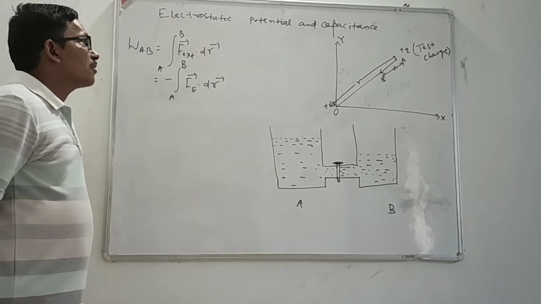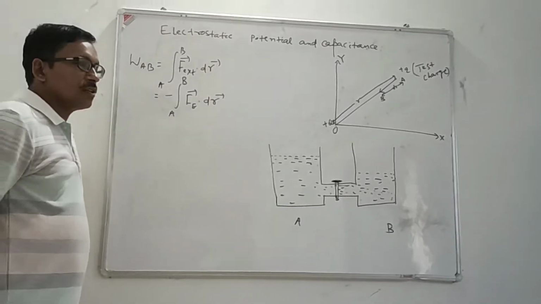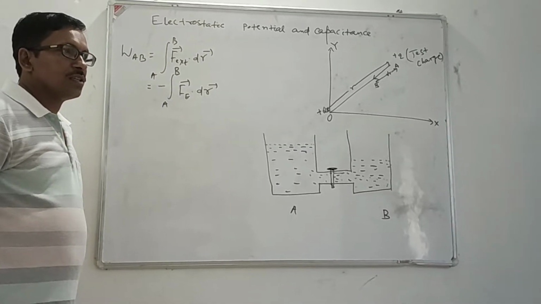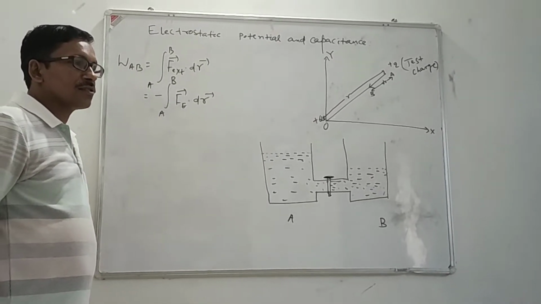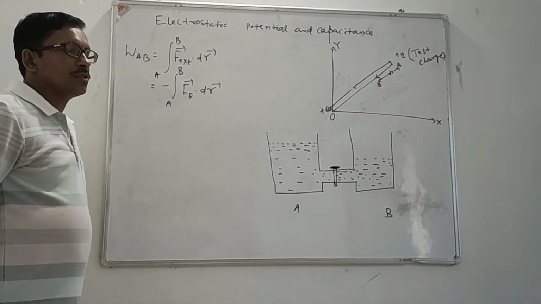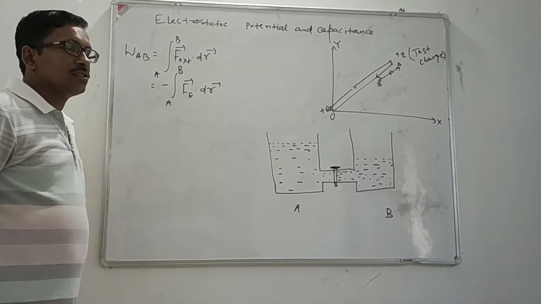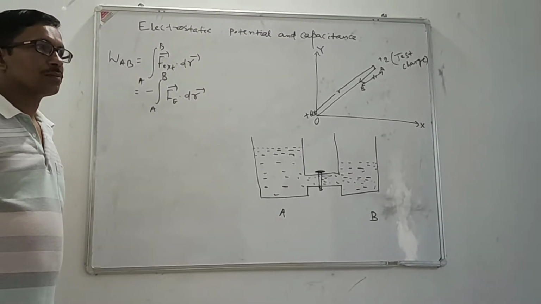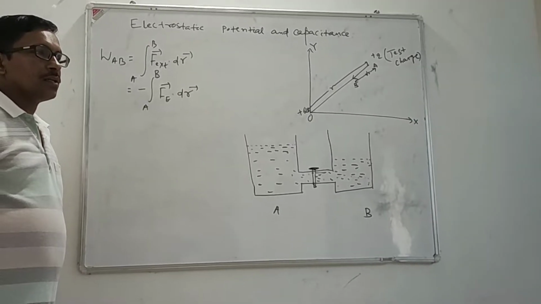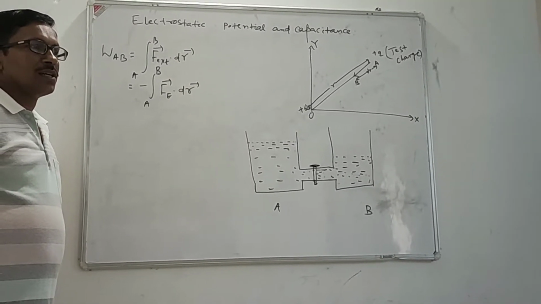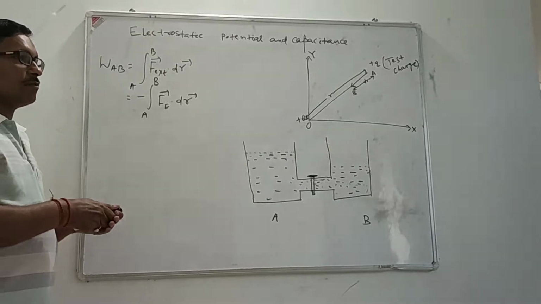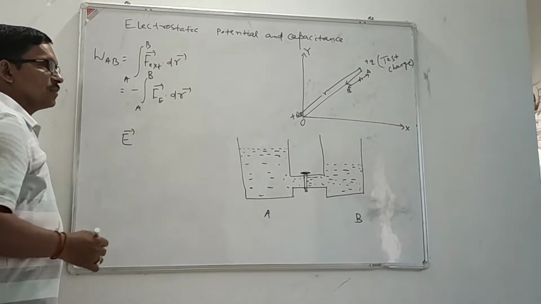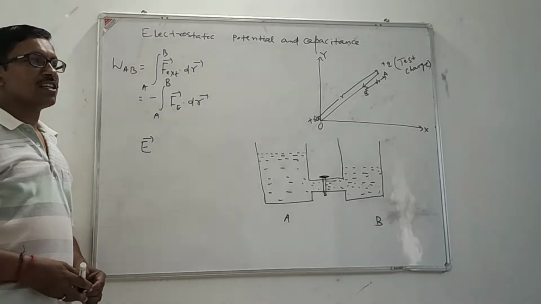Today we will start our second chapter, that is electrostatic potential and capacitance. In the previous chapter we have learnt about the electric field due to a charge configuration, and it is represented by a vector quantity E, that is electric field intensity.